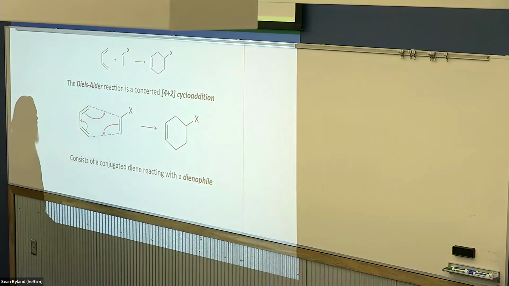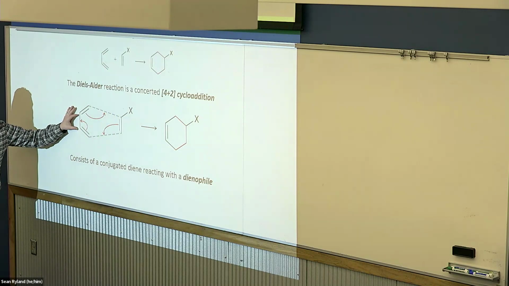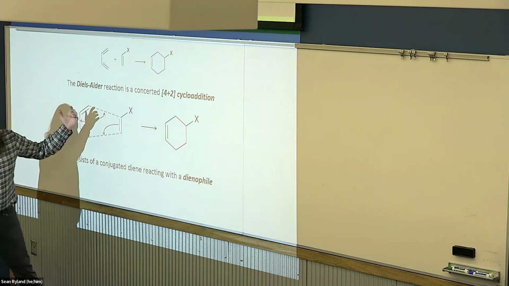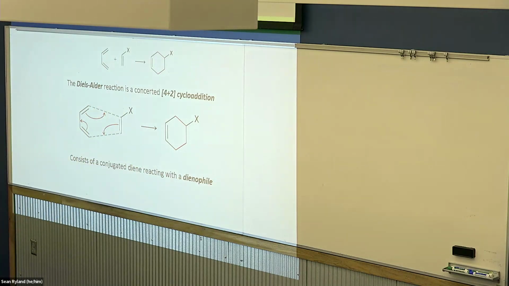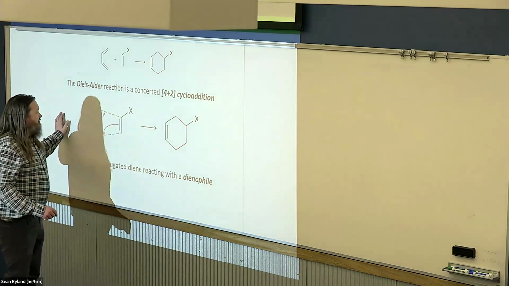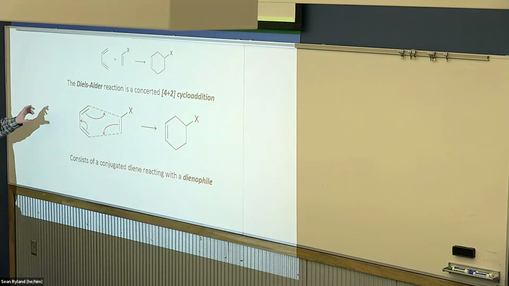Exactly, and we only really see this Diels-Alder reaction with conjugated dienes. Then you have to have something they refer to as a dienophile, basically whatever's going to react with your diene. The net result is always the same movement of electrons.